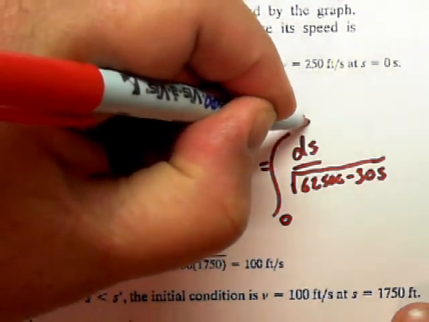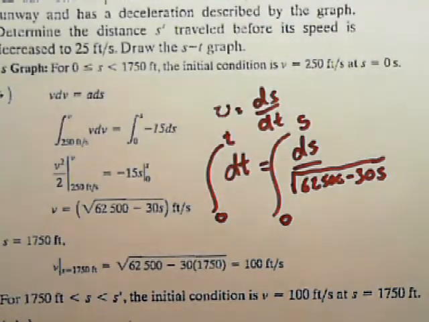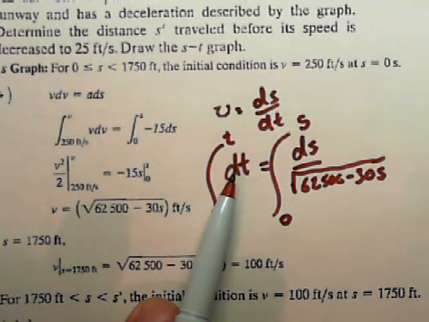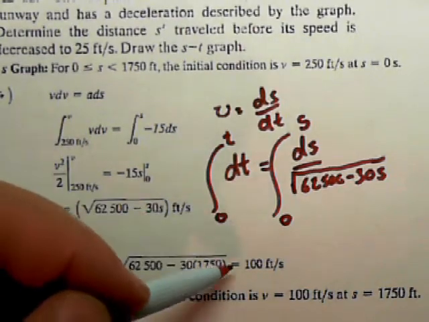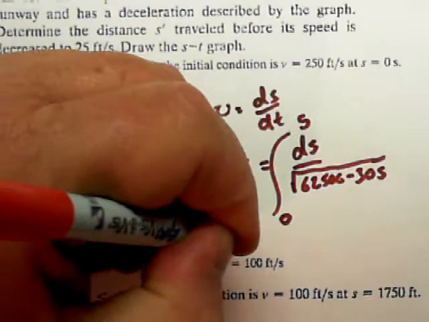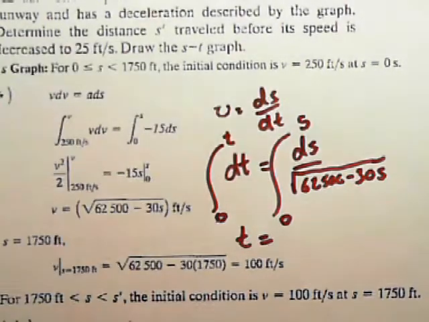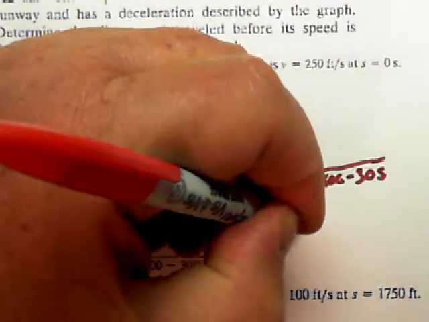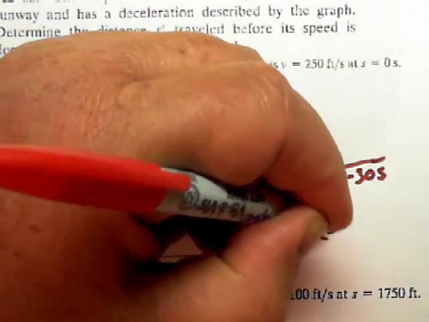We'll plug in an indeterminate s value here, and when we integrate this side, we're just going to get t. Evaluate from limits 0 to t, so that would just be t. So we're going to get t equals some function of s.